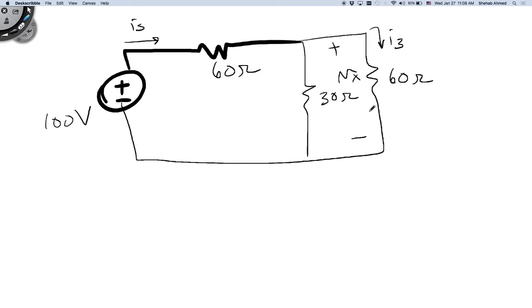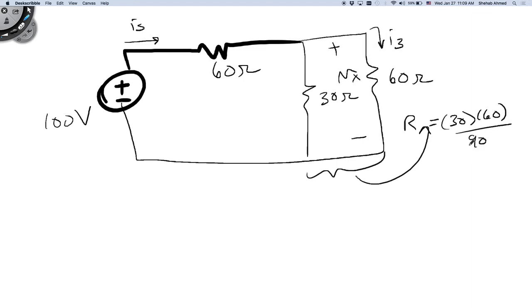So I have these two resistors in parallel, so I can find the equivalent. R equivalent for these two is equal to what? This multiplied by this divided by the total. So it's 30 times 60 divided by 90.